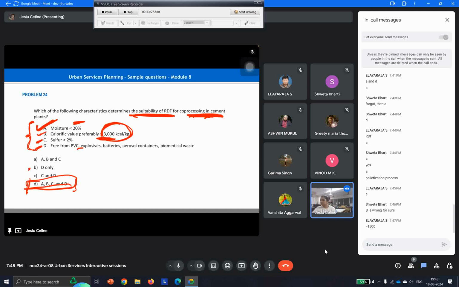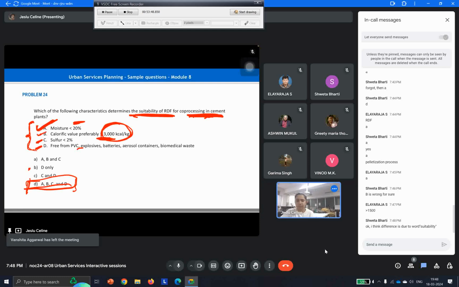I can probably check this. I forgot to put the slide in this presentation. The difference is due to the word suitability. We are talking about suitability, so if any condition is being violated, then we say that it is not suitable.